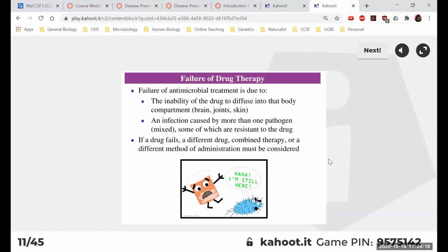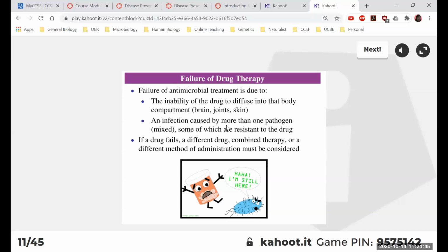So what are some reasons that antimicrobial chemotherapy doesn't work? One possibility is maybe the drug cannot get to the site of infection. The brain is a perfect example. The brain has the BBB, blood-brain barrier, so it's notorious for drugs having difficulty getting to the brain.